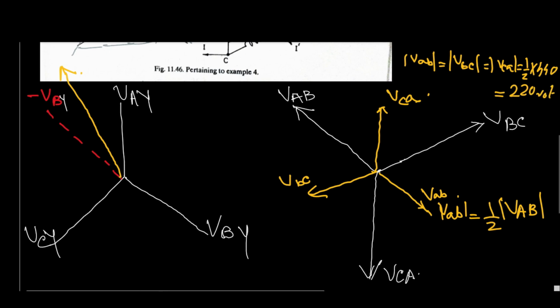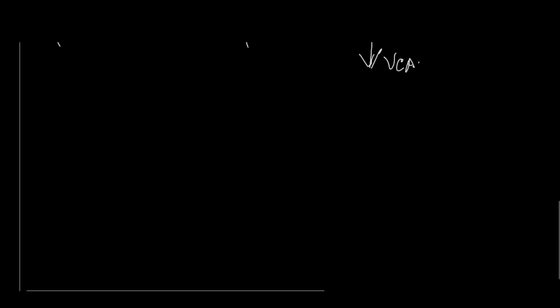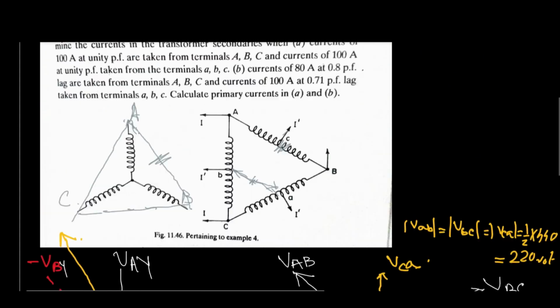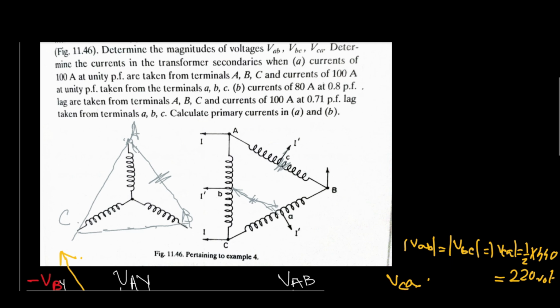Now here, the current of the winding due to this I, let us consider that this one is I and here all these are I dash.